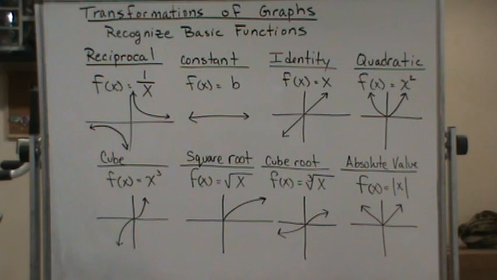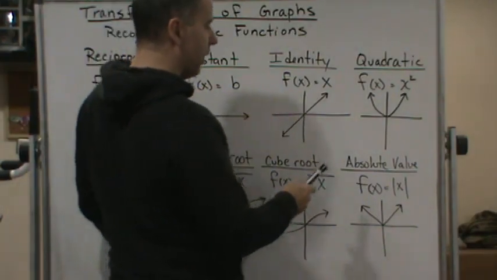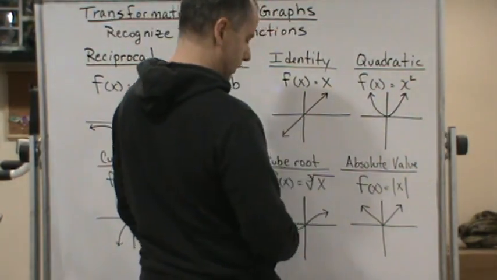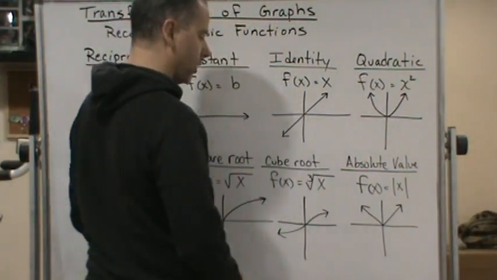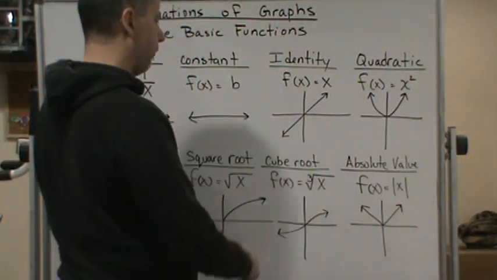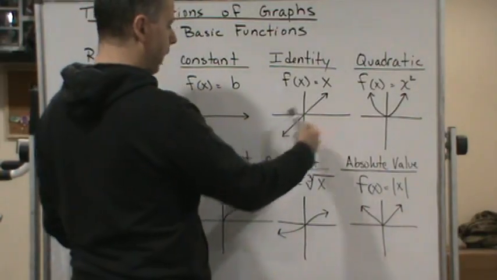So these are the basic functions that we're going to be studying. You want to memorize these, you want to know how these behave, and you want to know what the basic function graph looks like, because that's going to help you. And also, I would strongly recommend, make sure you know how to graph 3 points on these, right? 3 different points, or on the straight line, 2 points, right?